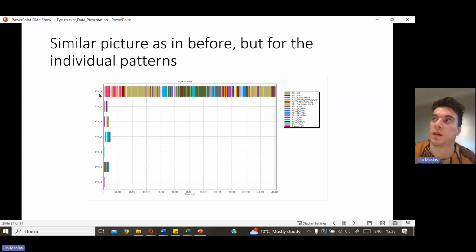For the static image, somehow it shows one participant doing like 6 tries. I don't know why. It's a technical thing, but in this particular case, you focus on this one. All these rows should represent the number of tries.